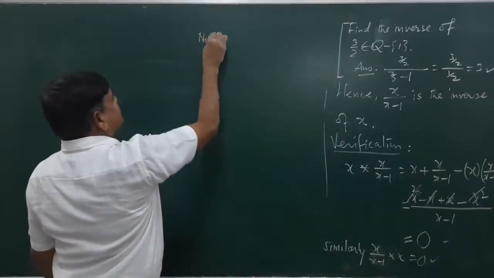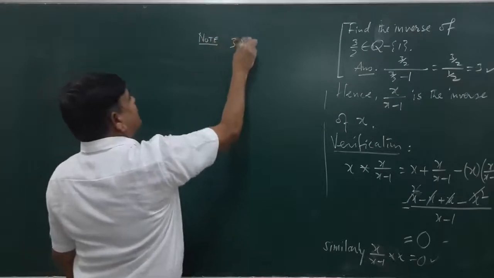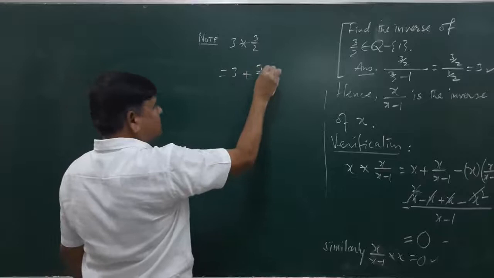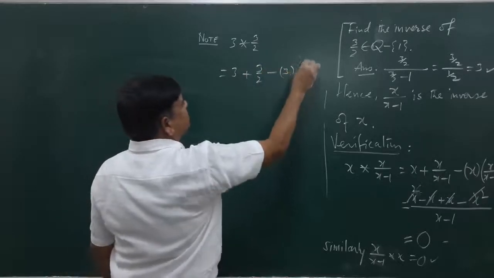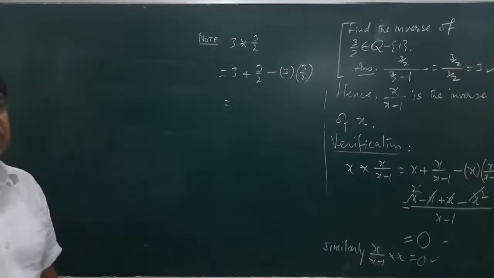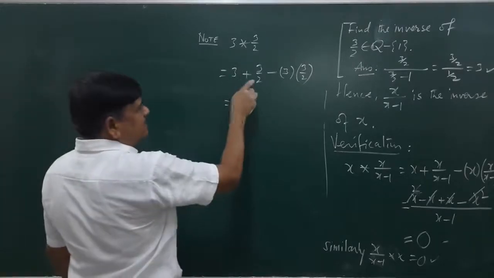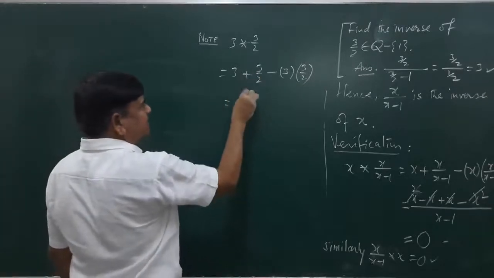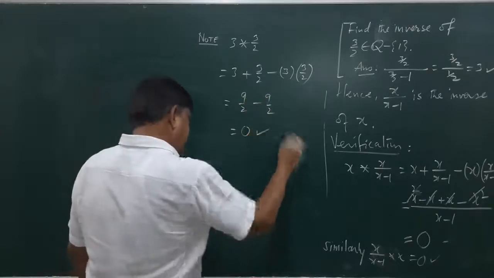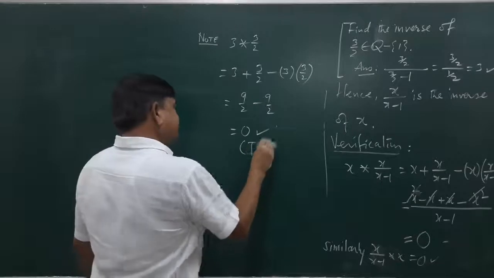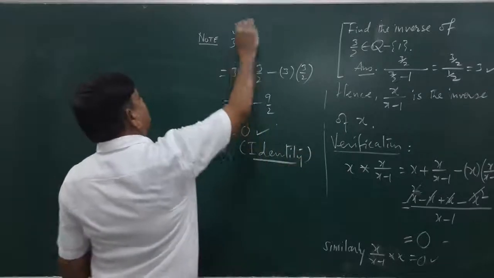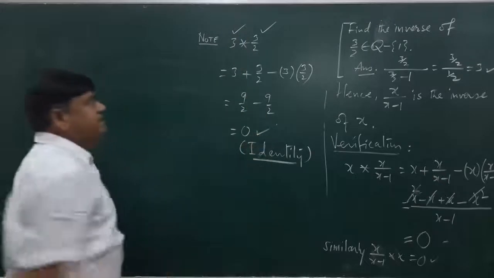Note: 3 plus 3 by 2 minus 3 into 3 by 2. This is 6 by 2 plus 3, that is 9 by 2, minus 9 by 2, and this is 0. That is the identity.